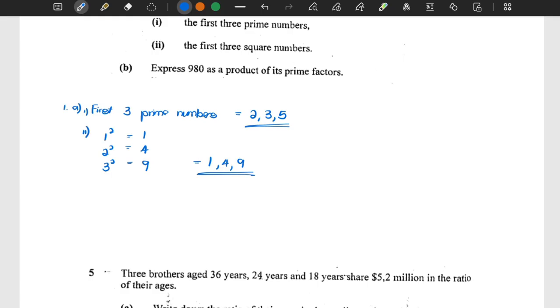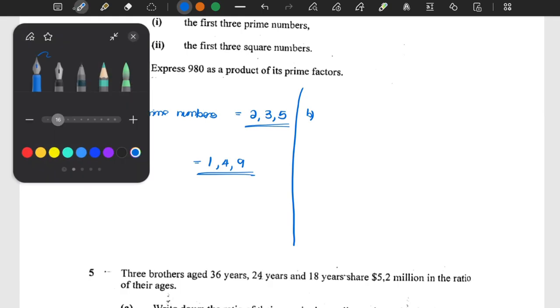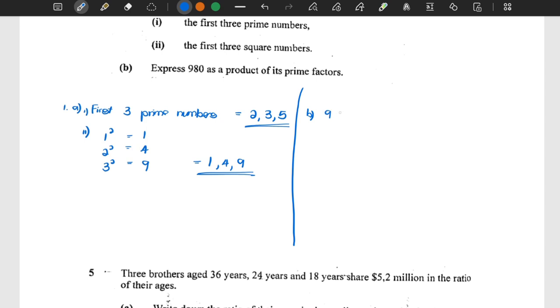Here we can write it on this side: 980 as a product of its prime factors. This is covered in the topic which deals with lowest common multiple and highest common factor. So we put 980.